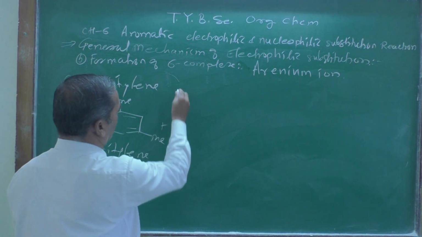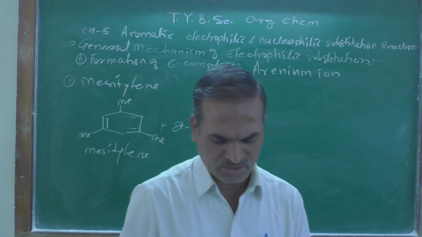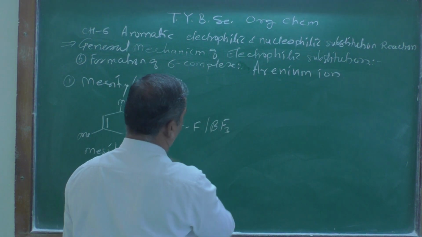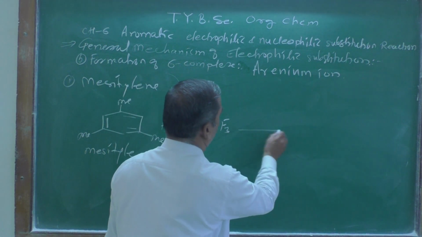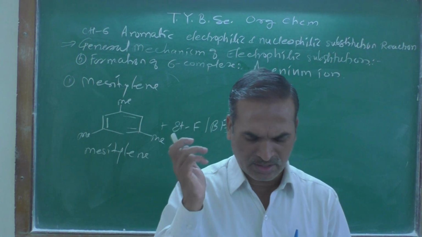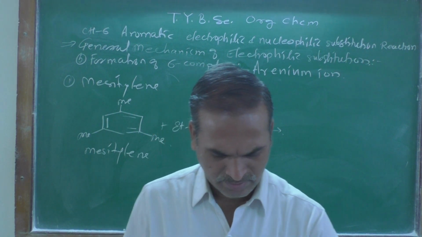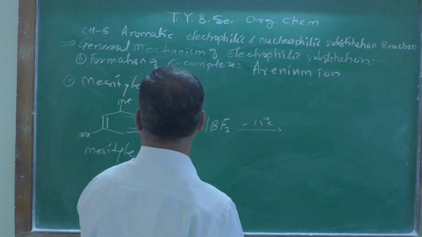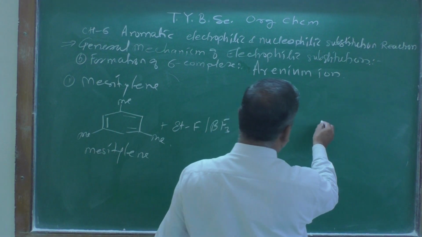It will be treated with ethyl fluoride in presence of BF3 as a catalyst at minus 15 degrees centigrade. What you are going to get here is this type of compound formed.